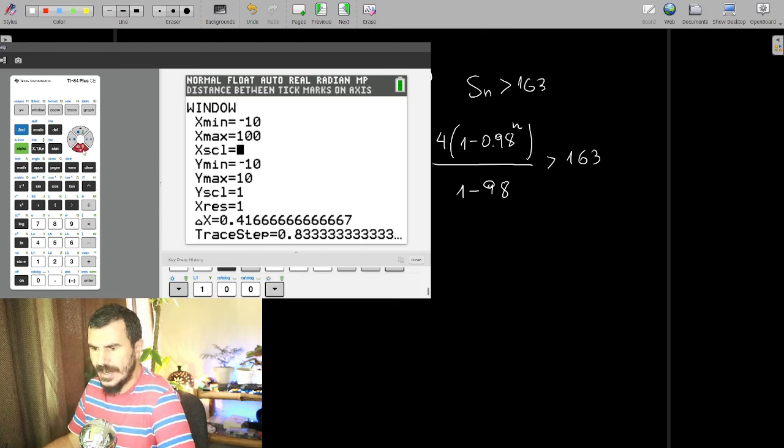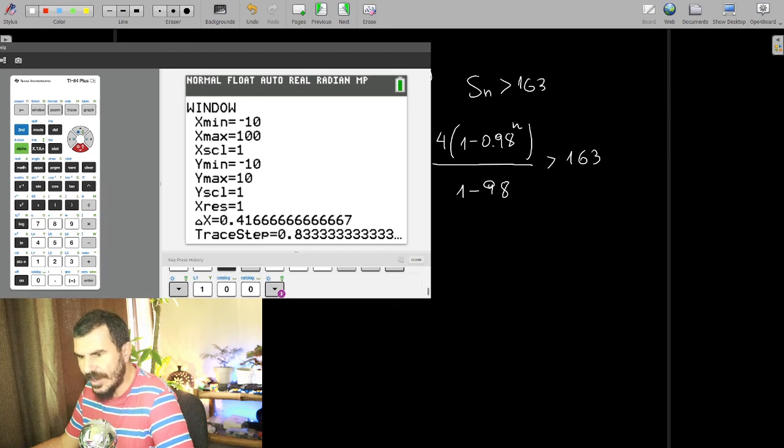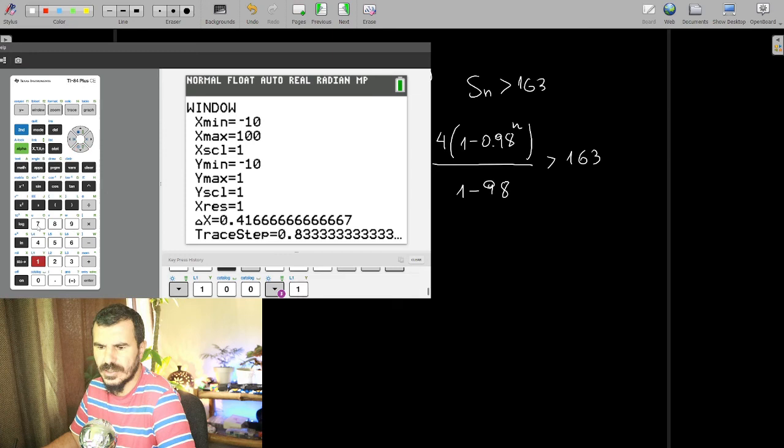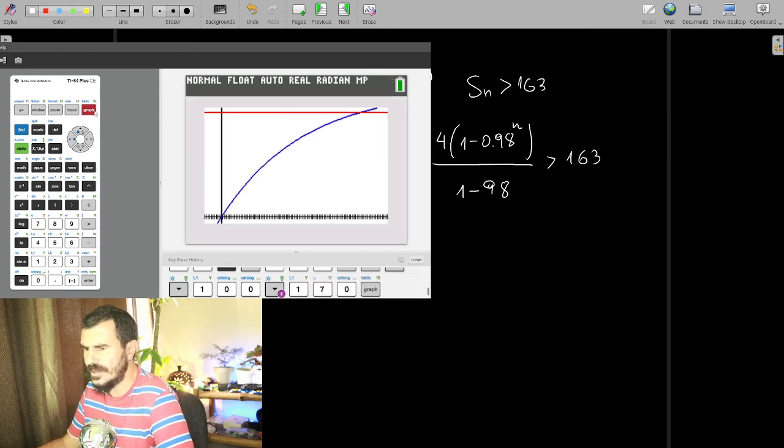Y minimum minus 10, it's okay. Y maximum now here, you see this is the y value 163. So I will put something close to that, 170. Let me graph it, and here you can see the intersection.